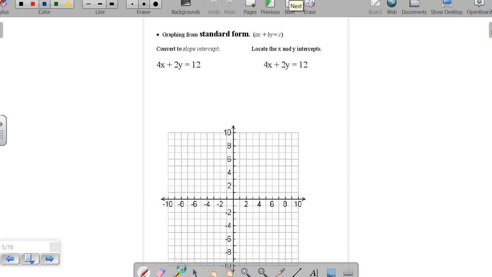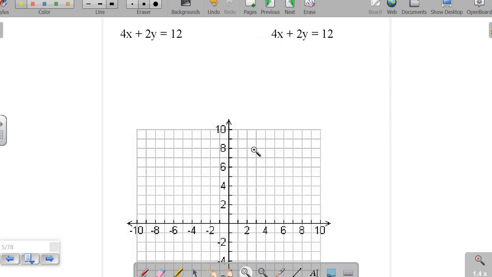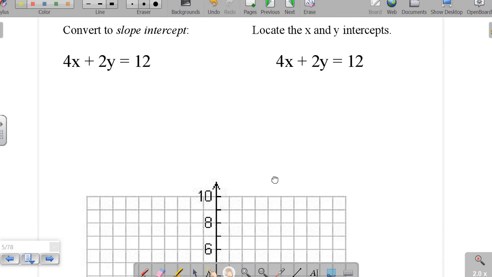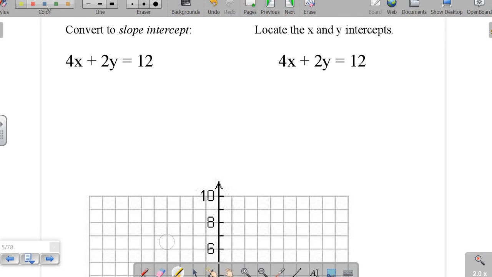Standard form. Standard form is something x plus or minus something y equals a constant number. There's going to be a couple ways we're going to try this. One is to change it to slope-intercept. So in that idea, your goal is to rearrange so that you end up with y equals mx plus b.